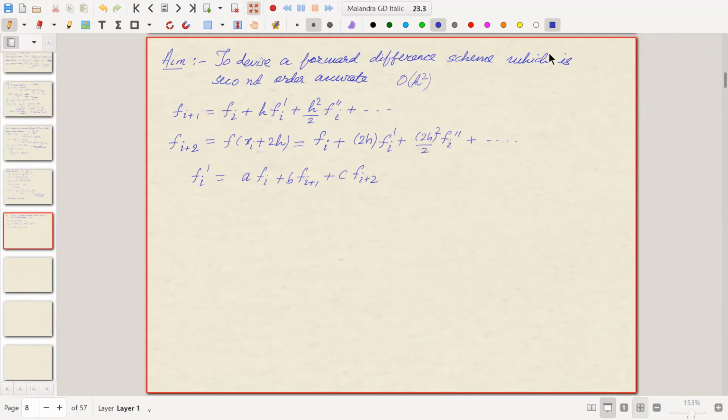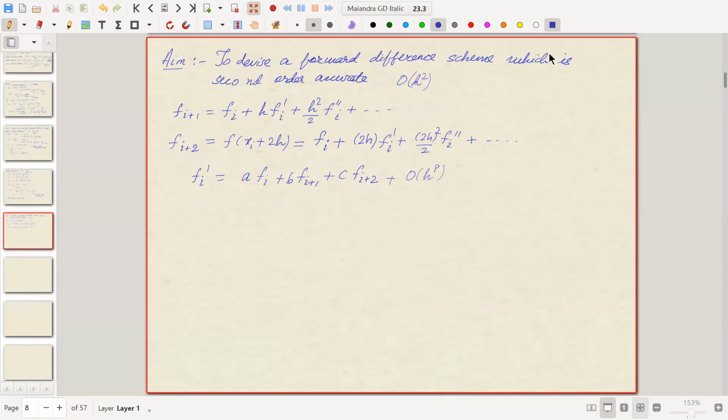Since it's a numerical method, there will be some error associated with it, but we don't know yet what the error is, so we write order of h to the power p. We don't know p; it could be order of h or h square. This is how the scheme will look. Our job now is to find these constants A, B, and C so that we arrive at a formula and make our forward difference scheme more accurate.